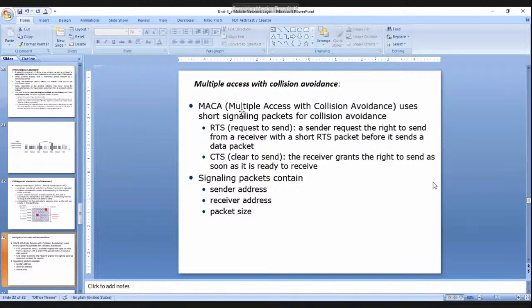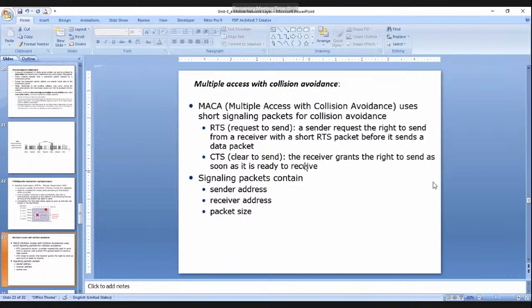To avoid collisions, we go with some small packets. One is RTS, request to send. Before sending actual data, I need to send a request to send. When the request has been granted, a CTS signal will be sent. The receiver grants the right to send as soon as it is ready to receive.